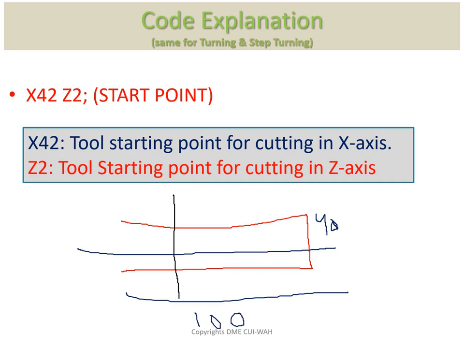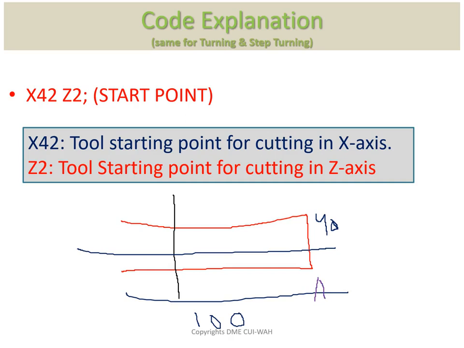So by X42 and Z2, what will happen? Our tool will move 2 millimeter away from the workpiece in X direction and 2 millimeter away from the workpiece in Z direction. Let's suppose this is our tool. Here, this is the point. There will be 2 mm clearance in both axes.